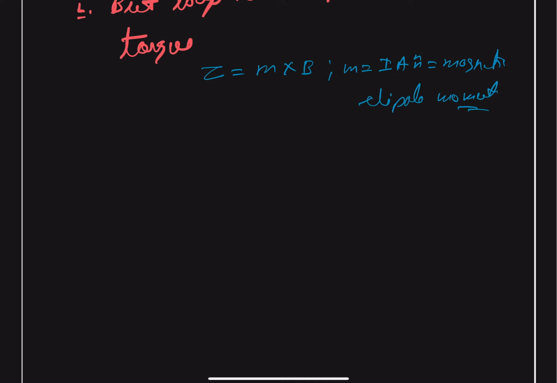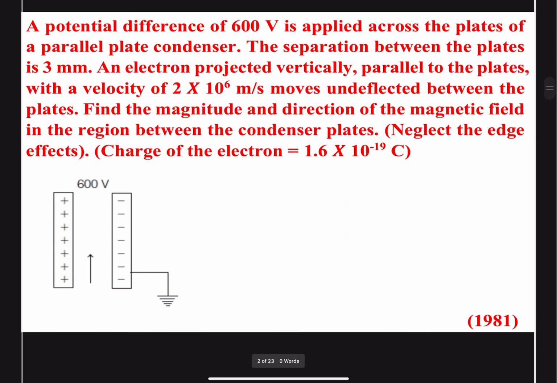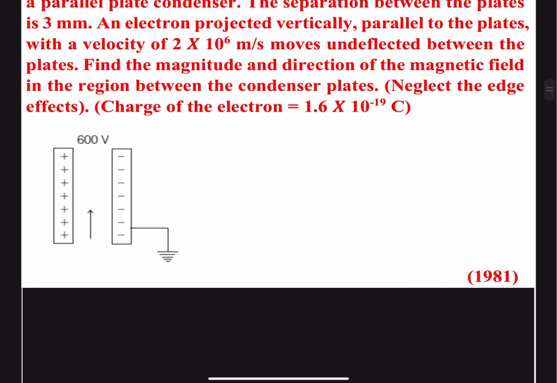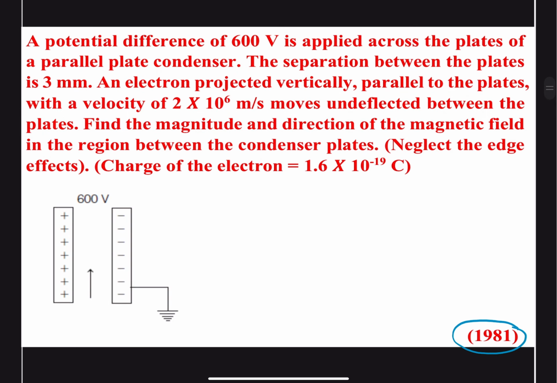Now we solve the next question. It was asked in the year 1981, and in this question it says that a potential difference of 600 volt is applied across the plates of a parallel plate condenser.